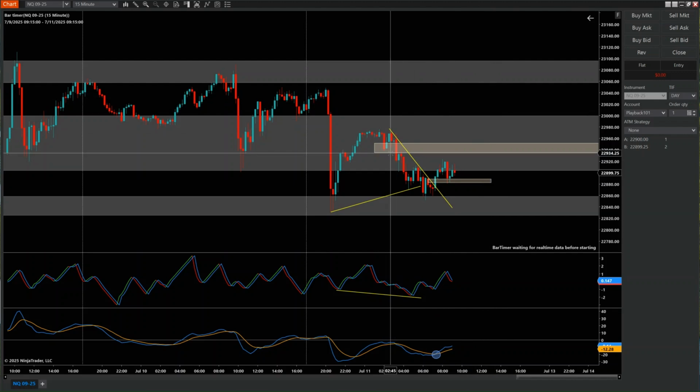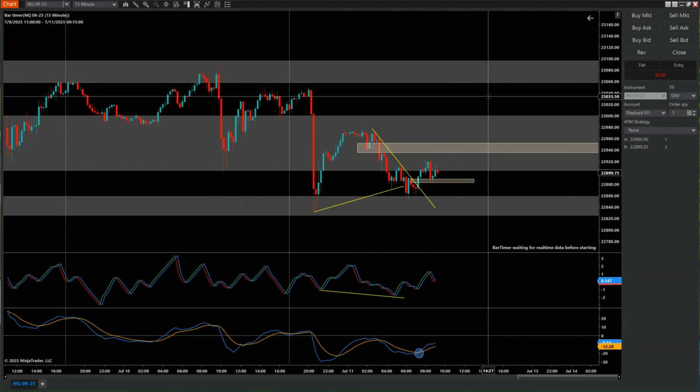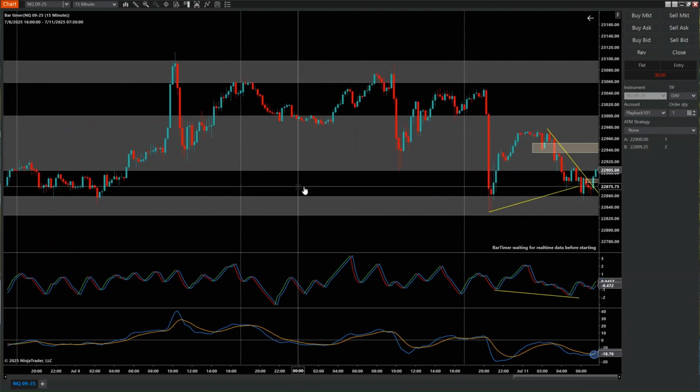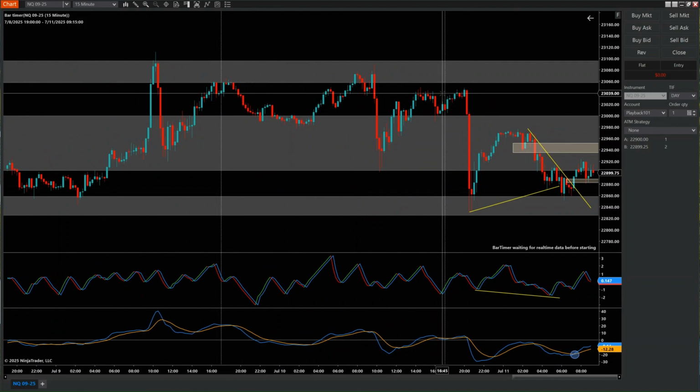Right now, I'm leaning towards price either inverting this gap that it's in, this big gap. And so if price breaks to the upside, I would expect price to try and invert this gap, right? So that's my bias. I don't see price breaking above this resistance level, pretty strong level.